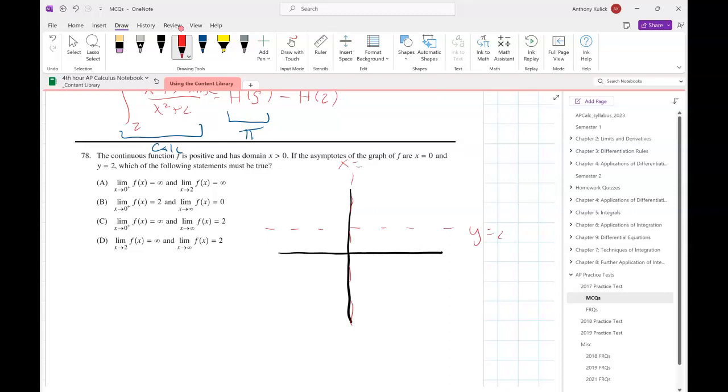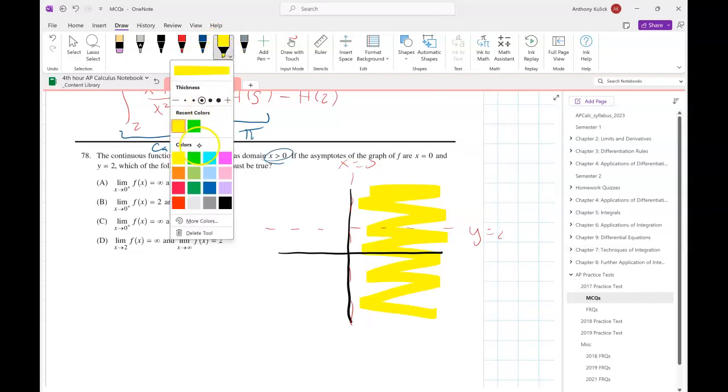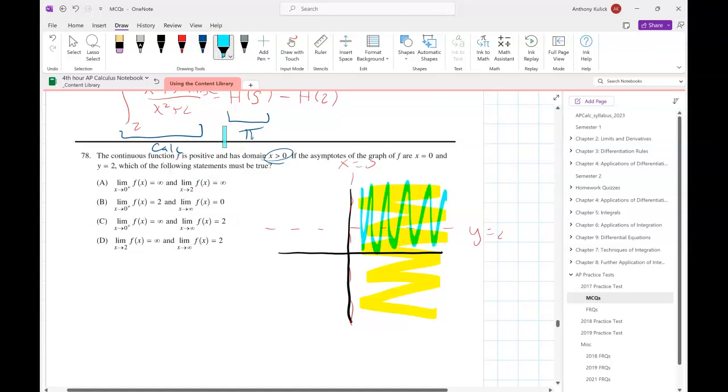We're told that the graph has a domain greater than 0 and is positive. So it has to be here. So my graph has to look like that then, right?